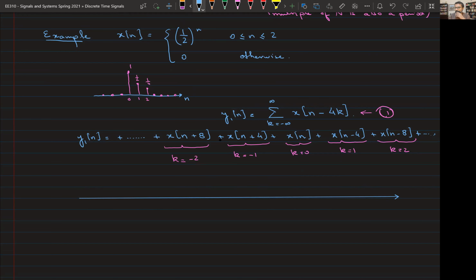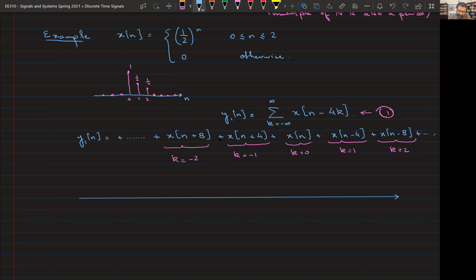It will become periodic, right? So the answer is correct. Why would it become periodic? I see that the bunch of x's and shifted versions of x's that you end up summing at the end.